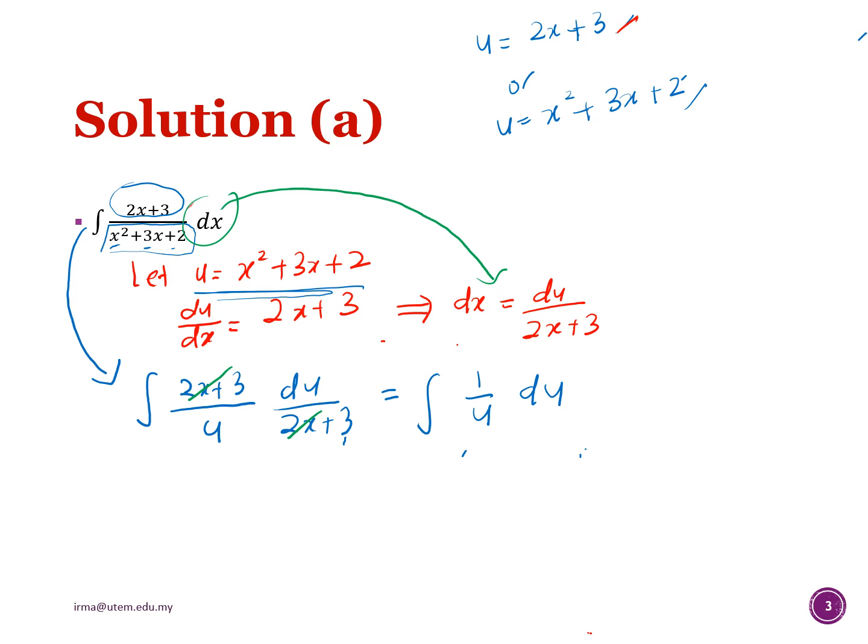If you have 1 over u du, the integration output will be ln u plus c. But you cannot just put ln u, you need to substitute back u equal to x squared plus 3x plus 2, and then plus the constant. So this is the answer for A.